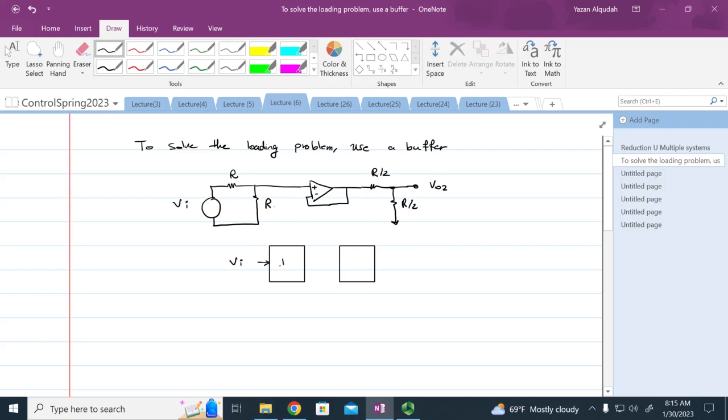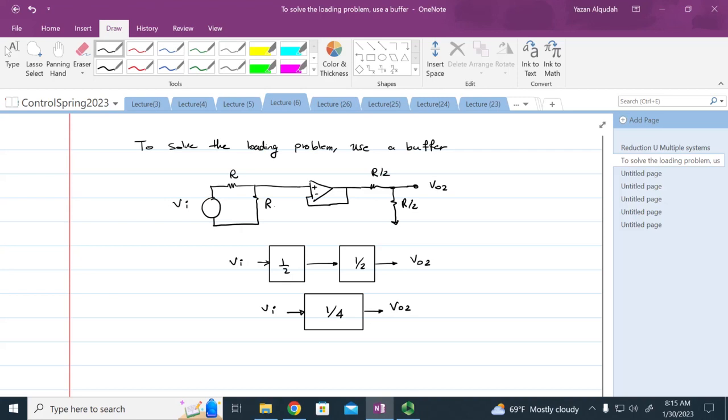It's going to be 1/2 multiplied by 1/2, and this is the output 2. Is that clear? And therefore, I can cascade these and add them together into one block that is equal to 1/4. And again, why did I write this like this and this like this? No reason. For no reason. Very good.